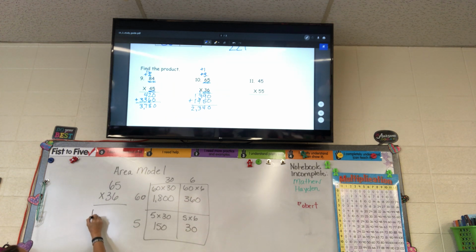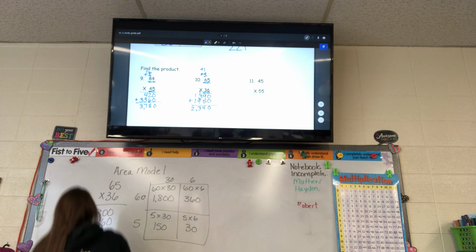Then you write them under here, 1,800, 360, 150, and 30. So that's the area model.